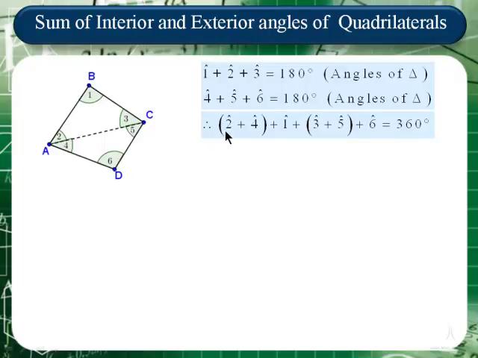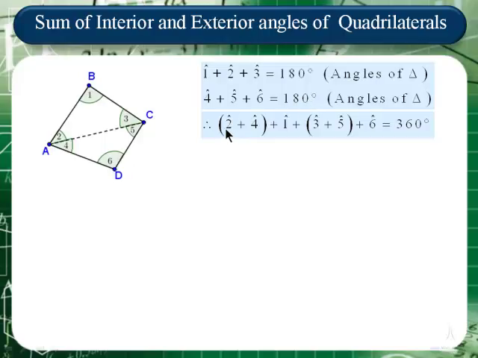So if we regroup this, and I'm going to regroup 2 and 4, and 3 and 5, for the simple reason the sum of 2 and 4 is angle A, and the sum of 3 and 5 is equal to angle C. So if we add all these 6 angles, so angle 1 plus 2 plus 3 plus 4 plus 5 plus 6 is therefore 360, or twice 180 degrees.